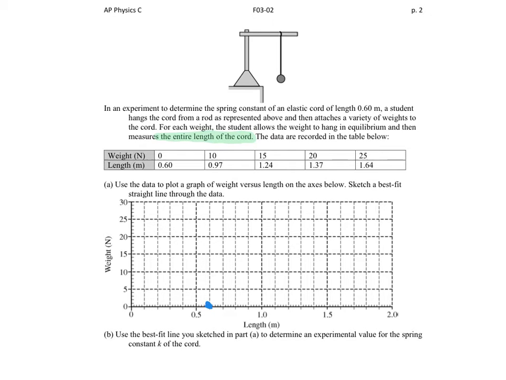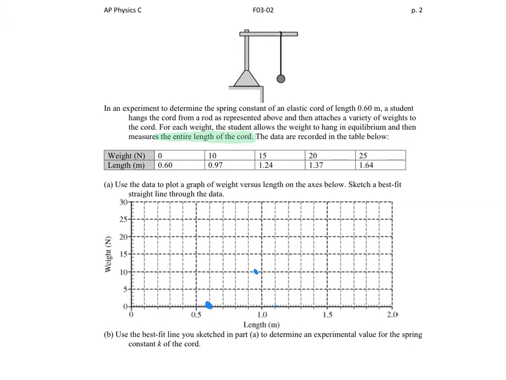And then at 0.97, so something there, we get a weight of 10. We get a weight of 15 at 1.24, so 1.1, 1.2, 1.3, that's half.